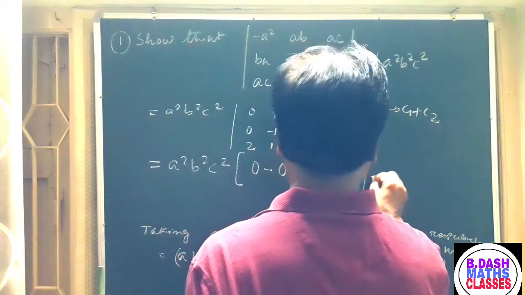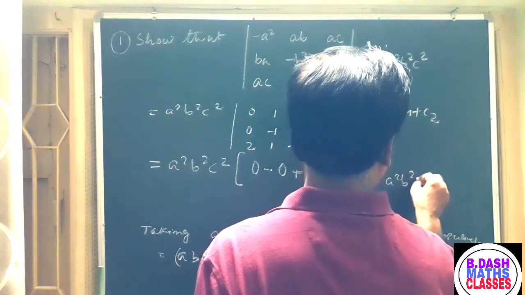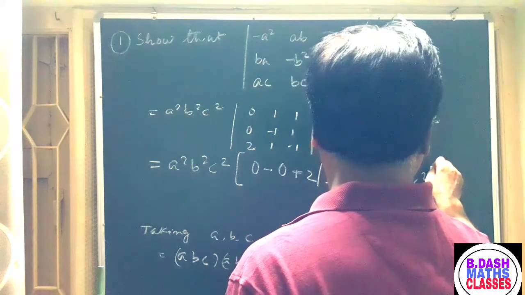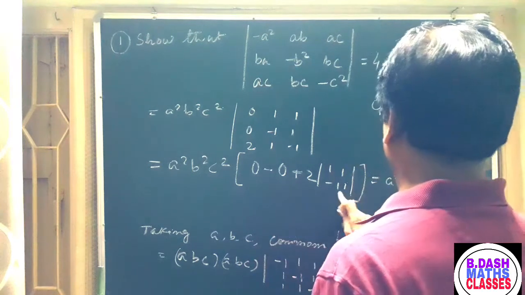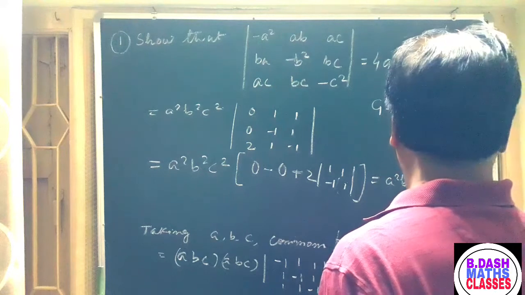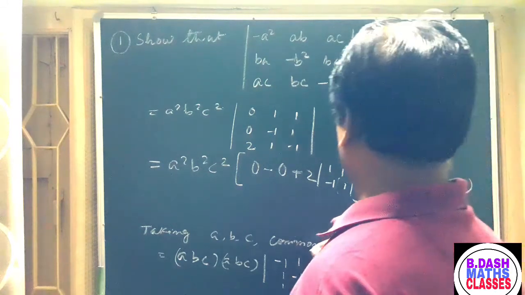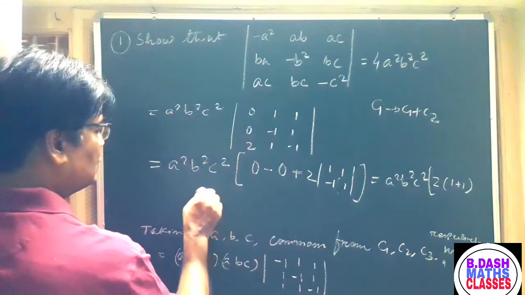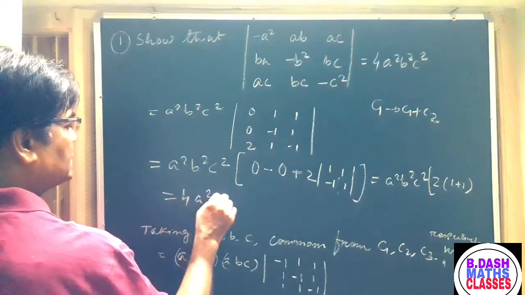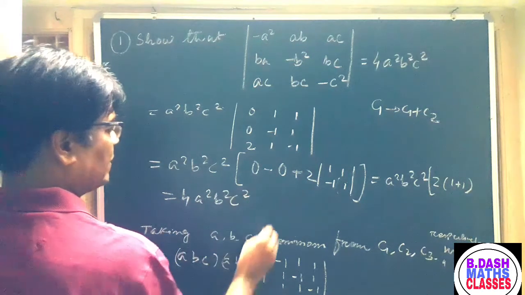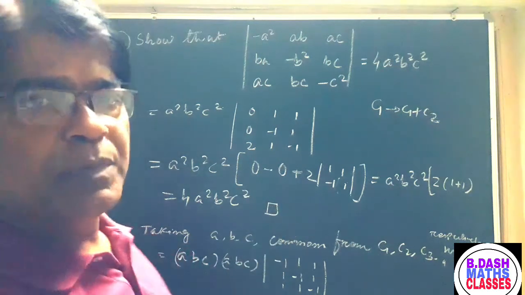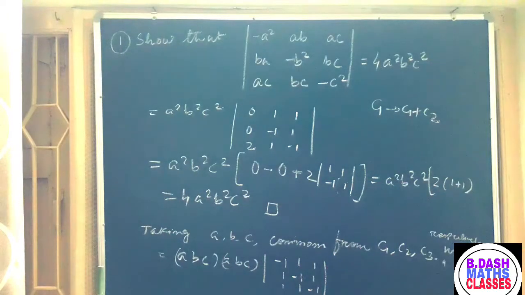So this is equal to a square b square c square into 2 into 1 plus 1, which is equal to 4, which is equal to 4a square b square c square. So we get the result. The first problem is now solved.